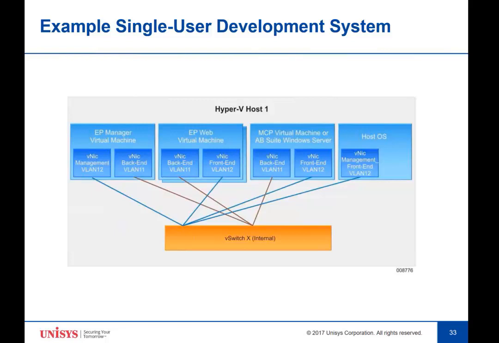And then there's also a connection, a VNIC or VLAN for the host OS. And as a user of this system, you would log into the Windows host OS, and you could access the front end of this environment or the manager. You could share the manager all from that. So a completely self-contained ePortal system, maybe on a small system like a laptop, with the MCP running there in this case, and client access and so forth. So lots of flexibility. That's what you would expect in a virtualized infrastructure.